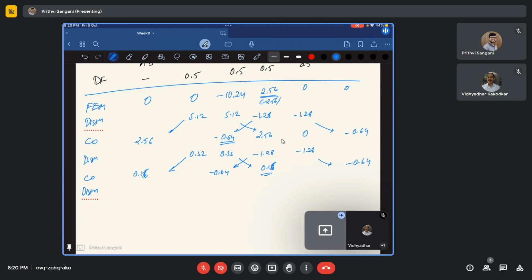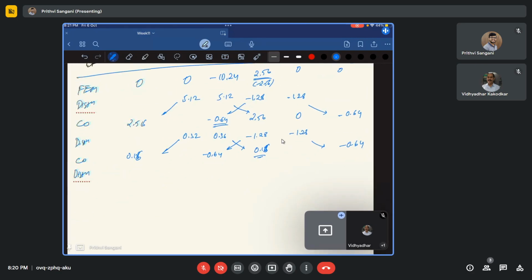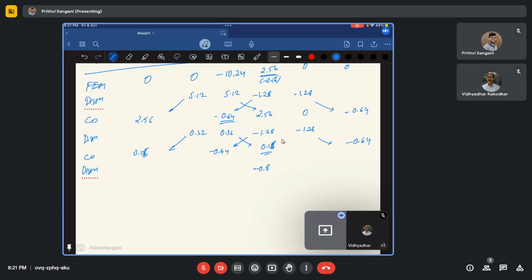So I have a net moment of 0.16 at joint C. So I'll apply minus 0.16 to make my net moment 0 there. If I'm applying a moment of minus 0.16 at joint C, it will distribute to CB and CD equally, right? So this will be minus 0.08 and minus 0.08, and this is minus 0.64.